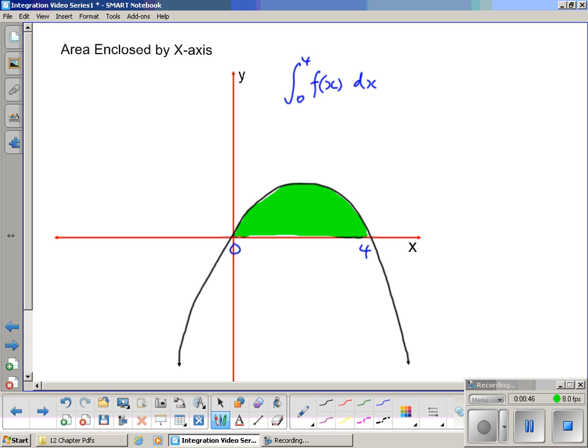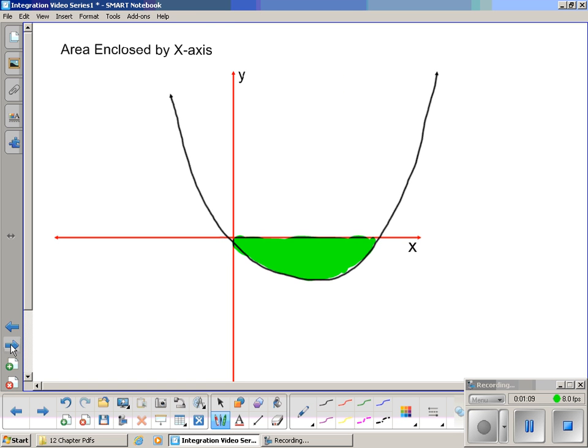So when we integrate that, we'll find this area here, and there'll be no dramas there because the area under the curve is the shaded bit there. So that'll get us a sensible answer for the integral between 0 and 4.